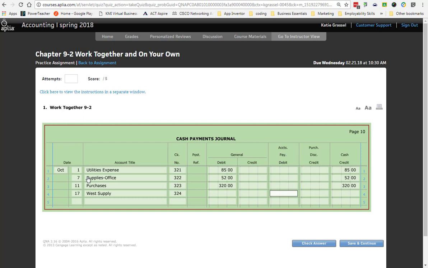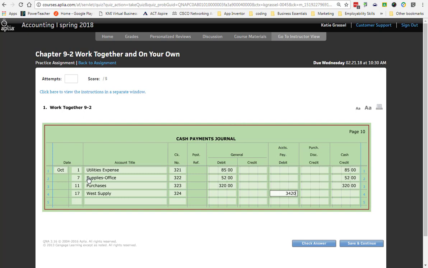You always have to record in accounts payable the amount of the original purchase invoice, which is why that transaction said covering purchase invoice 199 for $3,420. The original bill was $3,420. That means in the ledger, we have it down that we owe West Supply $3,420. So that has to go right here in your accounts payable column.